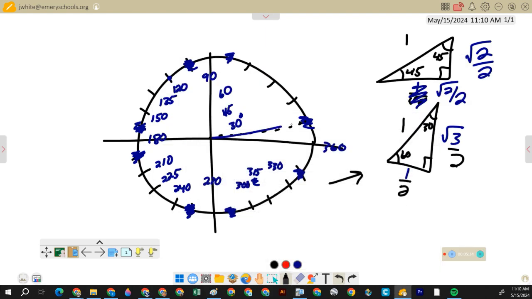So this mark right here, don't write this down, is pi over 12. And every mark after that is 1/12 bigger. So what is this mark going to be? 2 pi over 12, which simplifies to be pi over 6. And the next mark would be 3 pi over 12, which is pi over 4.